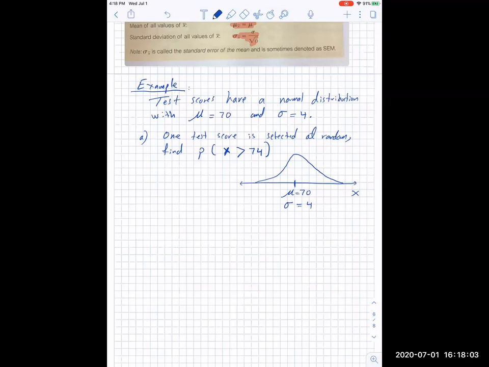Now, what about the probability? What is the proportion of test scores that are greater than 74? Meaning this area, all this area here, representing all the test scores that are greater than 74.